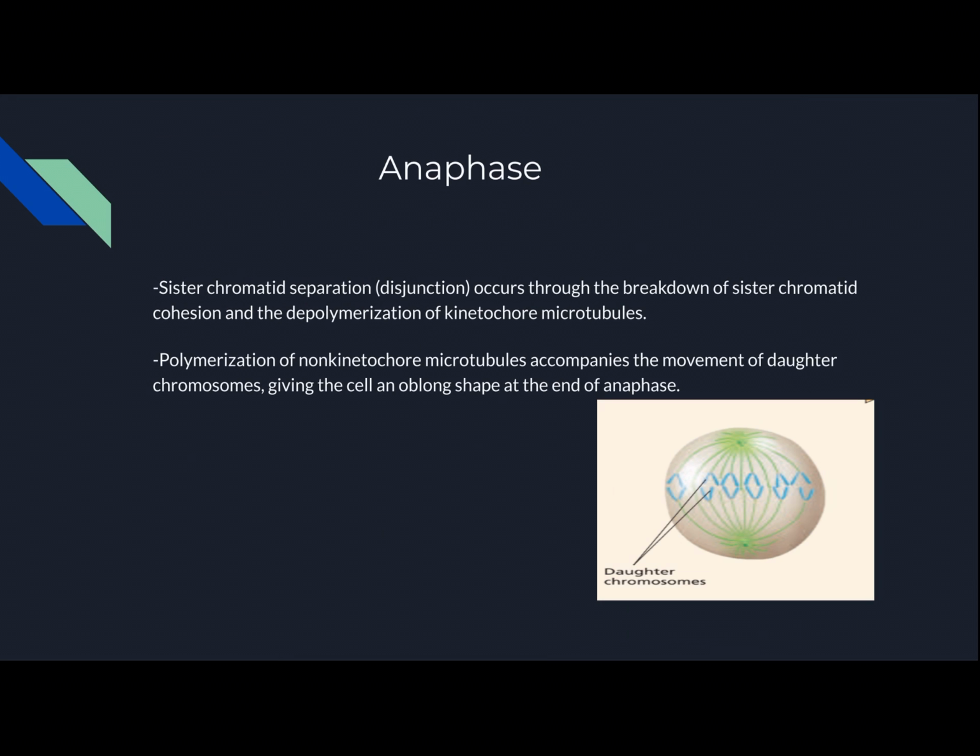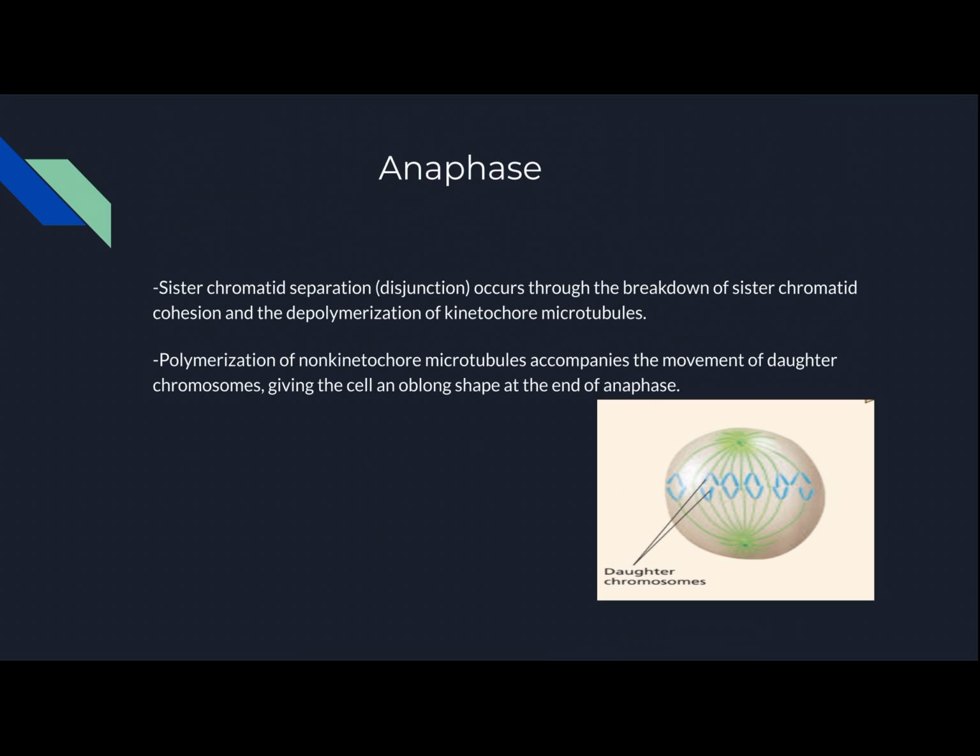So remember when we said the protein cohesion helps bind the sister chromatids? Well, now in anaphase, that cohesion, or that force, is broken down, so the depolymerization of kinetochore microtubules helps separate these daughter chromatids away from each other.